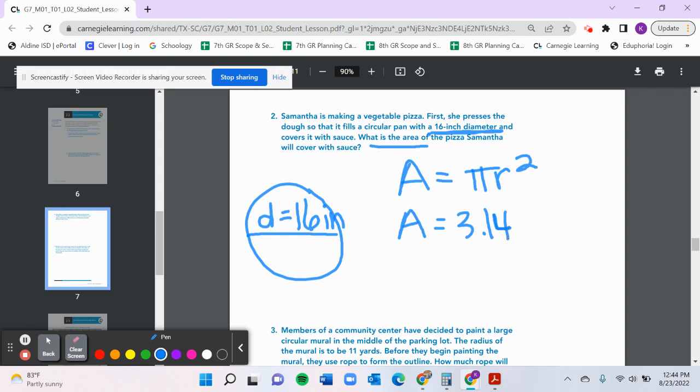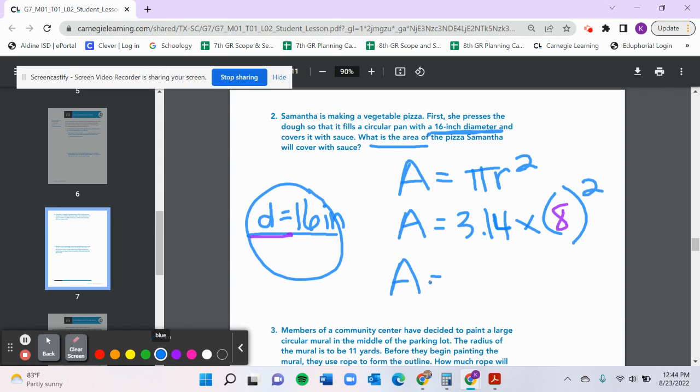Times the radius, which, pause. This question doesn't give us radius. So think about what you would need to do. Just like the last problem, I need to realize that the radius is half of the diameter, and half of 16 gives us 8. So I'm going to fill that in, and now I've got 3.14 times 8 squared.